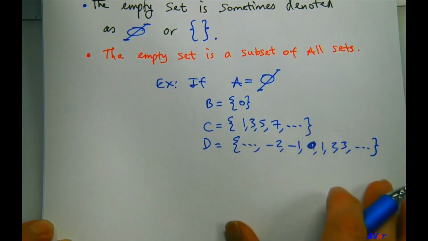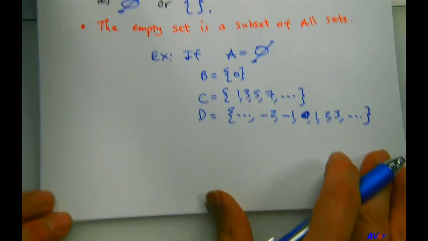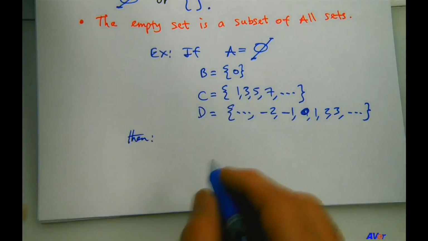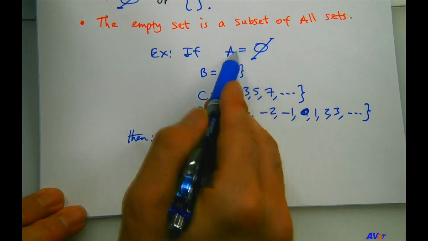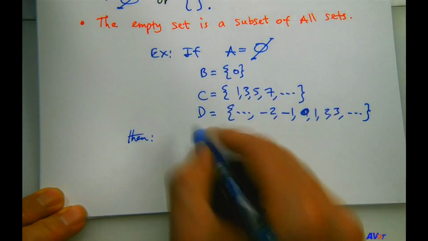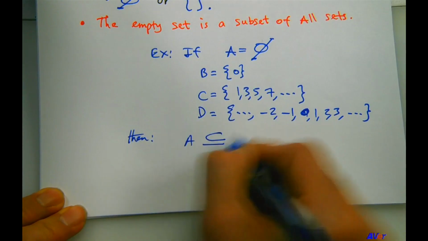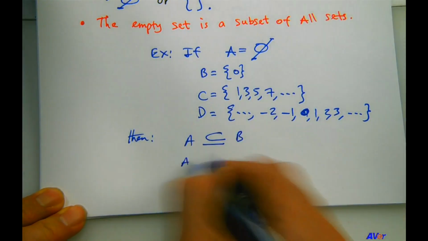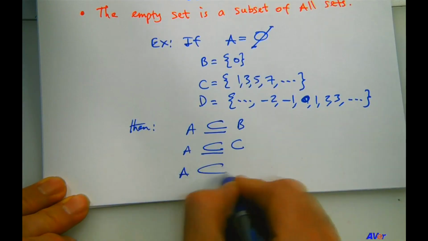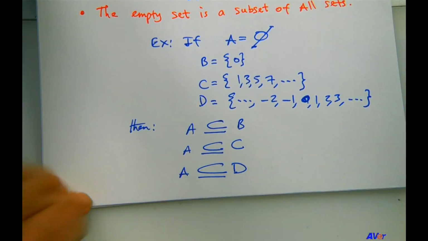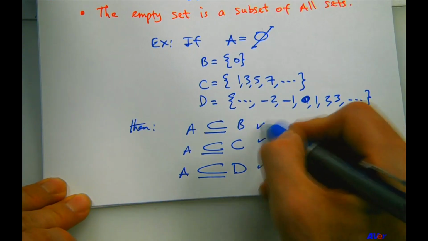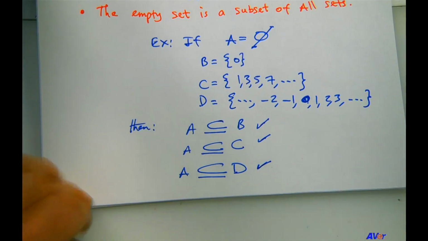If that's the case, then A, which is the empty set, is a subset of all of these. So A is a subset of B, A is a subset of C, and A is a subset of D. Okay, so all of these are true statements.